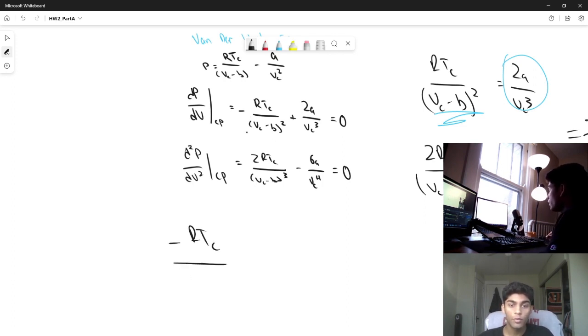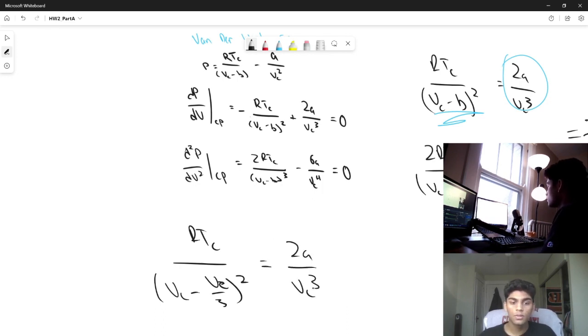So now we know that b is equal to Vc over 3. So instead of having b there, we just plug in our new value, Vc minus Vc over 3, squared. Or actually, we have to set them equal to each other anyway, so let's just do that from the get-go. Equals 2a over Vc cubed.